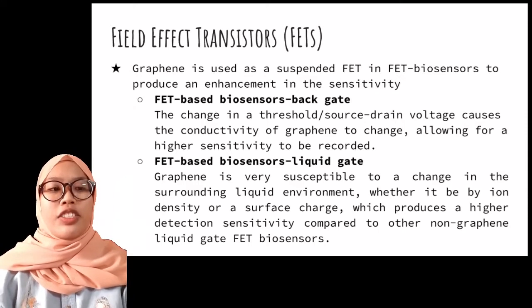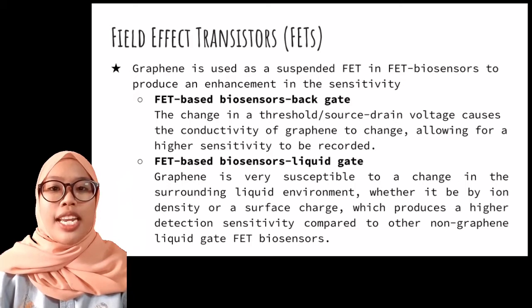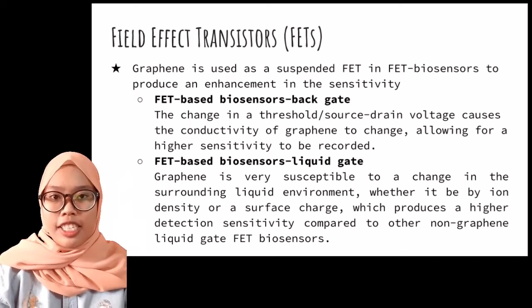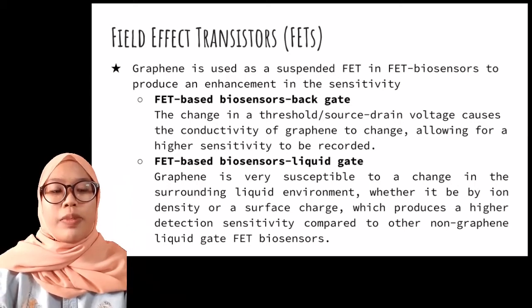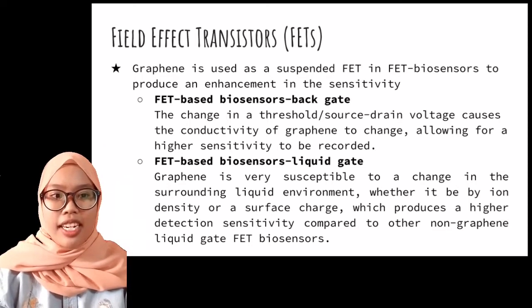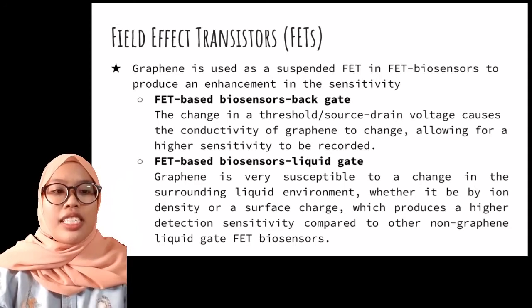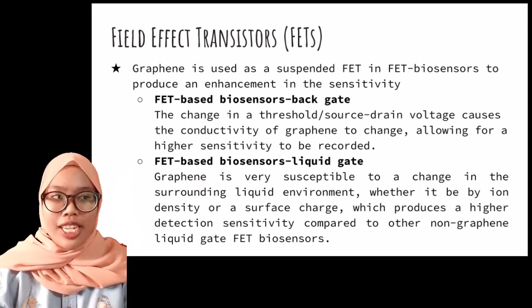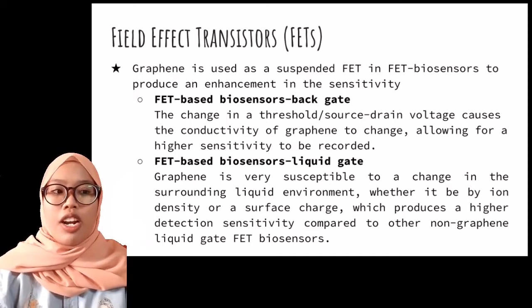The third principle is field effect transistor, FETs. Graphene is used as a suspended FET in a FET biosensor to produce an enhancement in the sensitivity. This principle is divided into 2. The first one is FET-based biosensor backgate. The change in a threshold source drain voltage causes the conductivity of graphene to change, allowing for a higher sensitivity to be recorded.